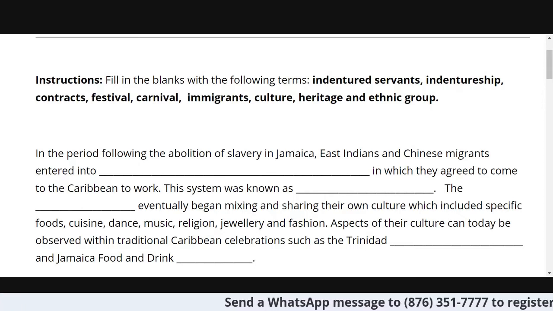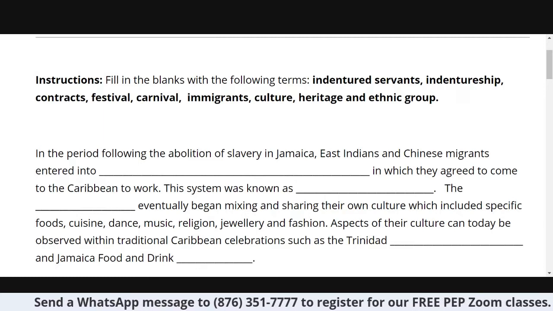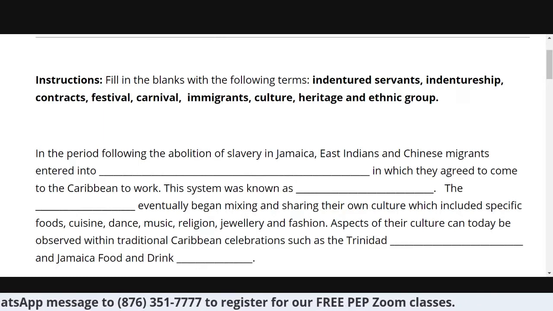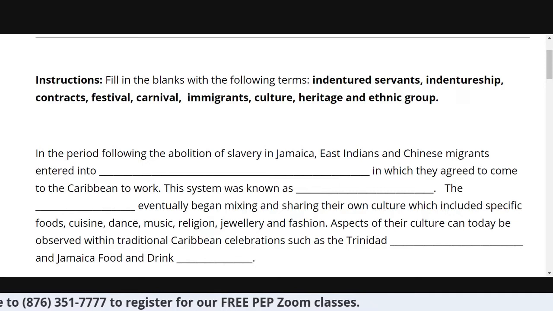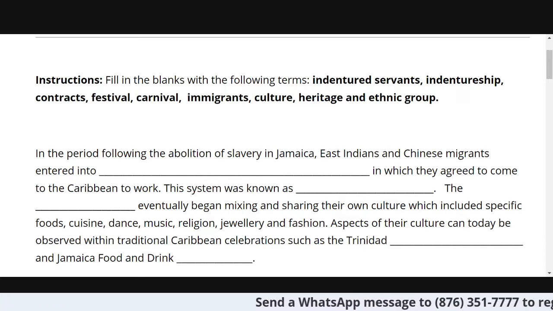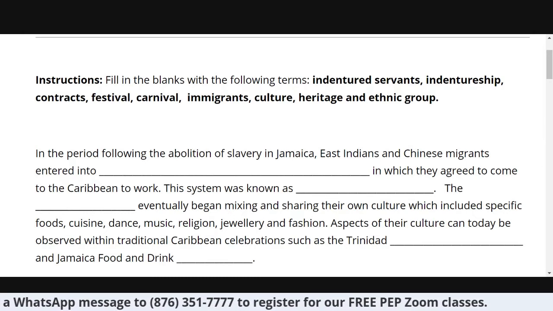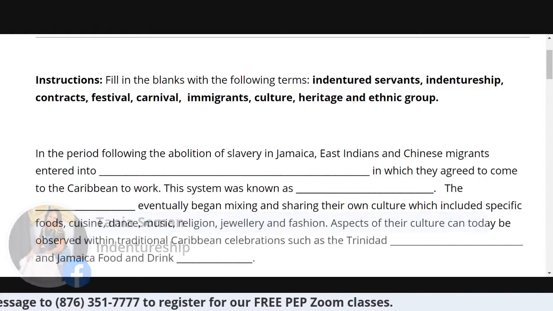I see a number of persons saying contract. I'm not telling you if it's right or wrong, in which they agreed to come to the Caribbean to work, okay? This system was known as what? Let me see you post what the system was known as. So they entered into contract, you say, and it was known as what? Tanya, I see you're saying it was known as indentureship.